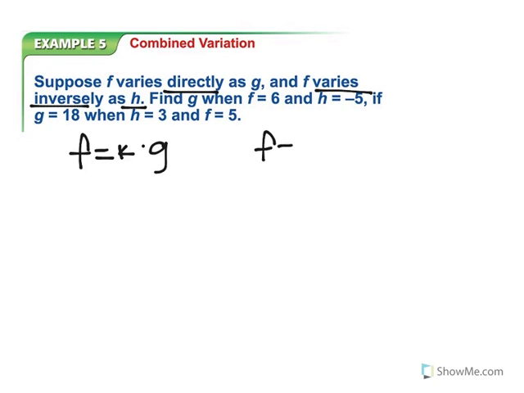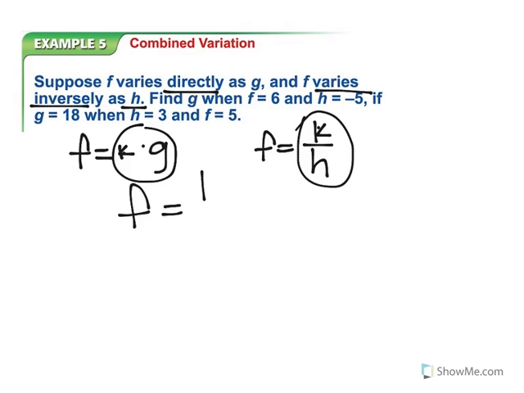So that would be the formula f equals k divided by h. So what we're going to do is put these two things together. K is the same in both of these, except when we put them together, it's going to be f is equal to k times g divided by h. Okay, so this is going to set up our formula for us.